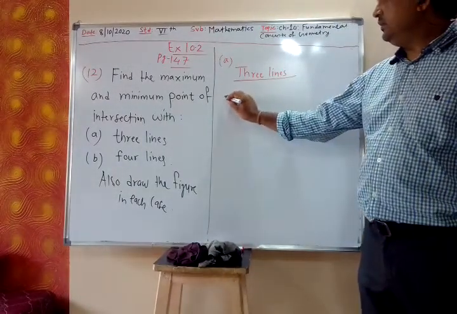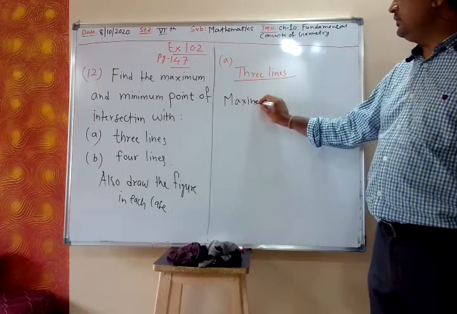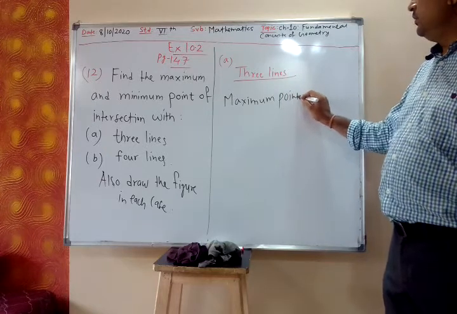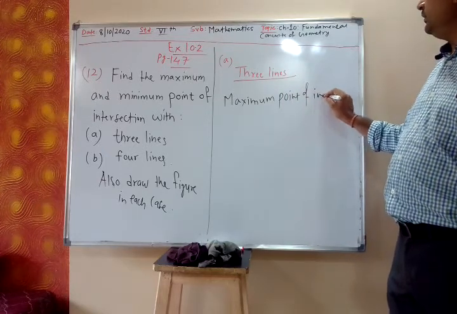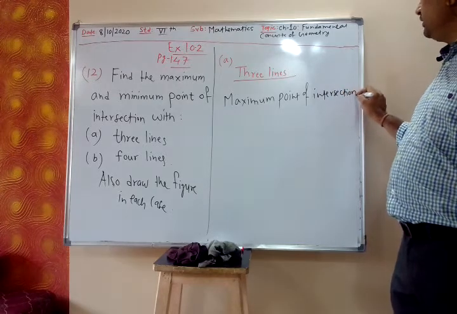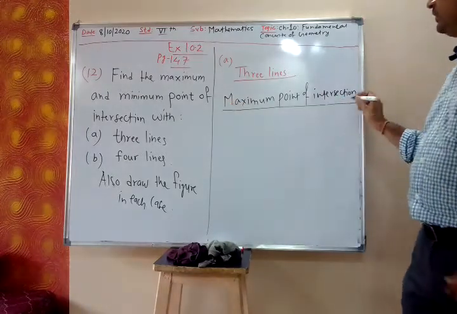So you write maximum point of intersection. That we'll see in the first case.